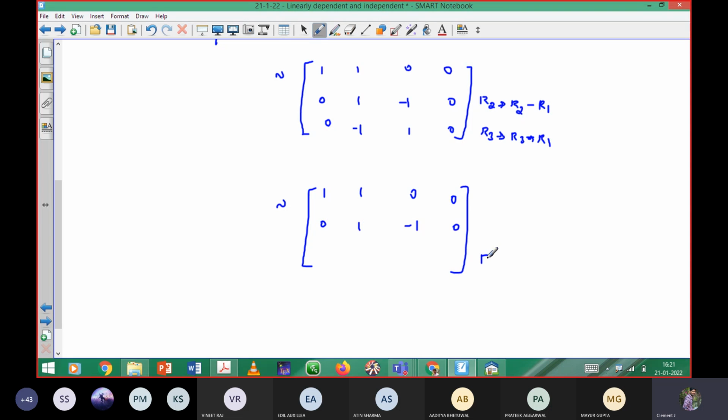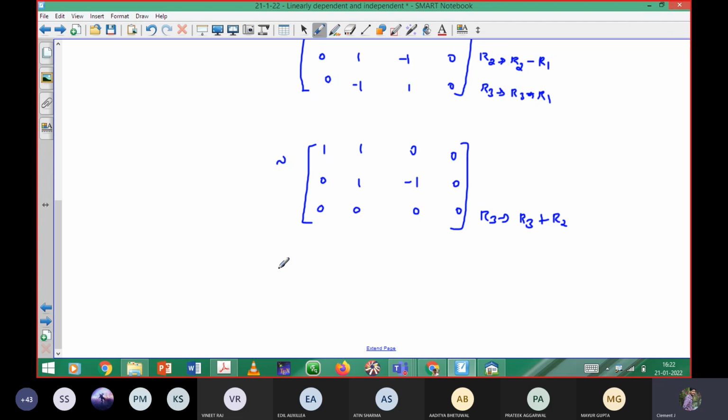But in R3, R3 gives R3 plus R2, 0 0 0 0. Okay, fine. So after this, a plus b equal to 0, then b minus c equal to 0.